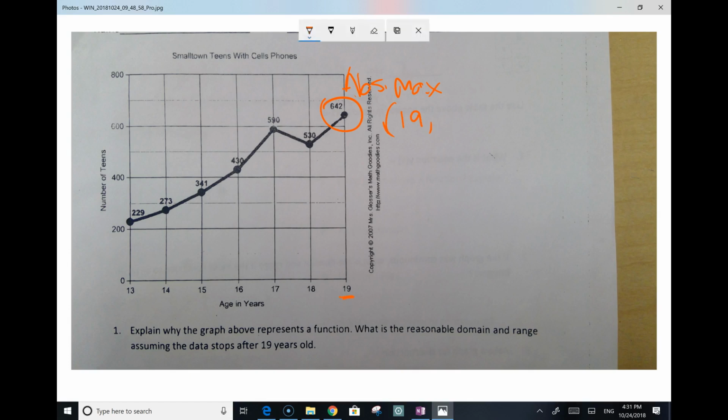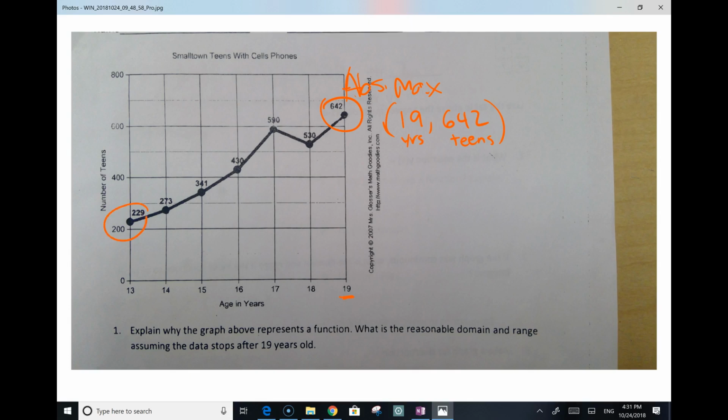So 19 years old, and 642, which is the number of teens who are 19 years old who own a cell phone. So the absolute maximum here represents 642 teens who are 19 years old and who own a cell phone in this small town.